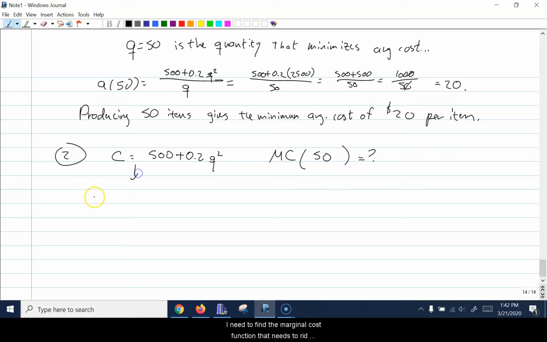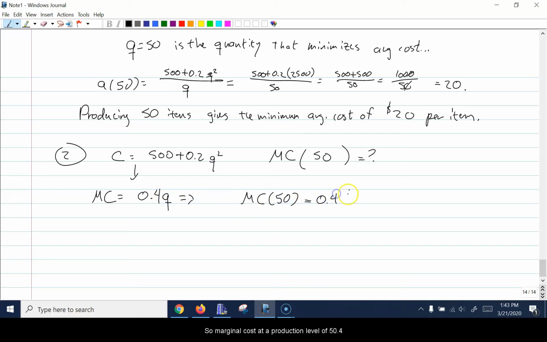I need to find the marginal cost function. That means derivative. Marginal cost function is 0.4 Q. So marginal cost at a production level of 50 is 0.4 times 50. That's 4 times 5, that's 20. Marginal cost at Q equals 50 is $20 per item.